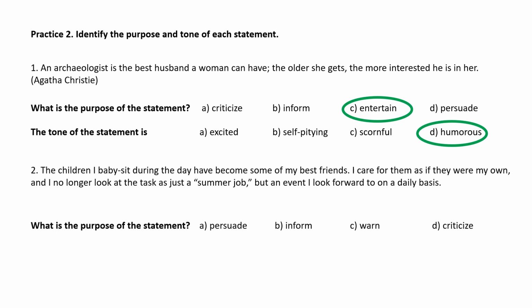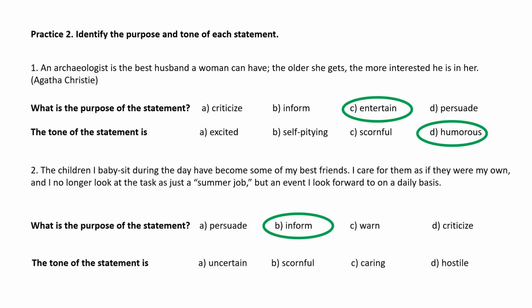So, the purpose is to inform the reader. And the tone of the statement is caring, because the writer says, I care for them as if they were my own.